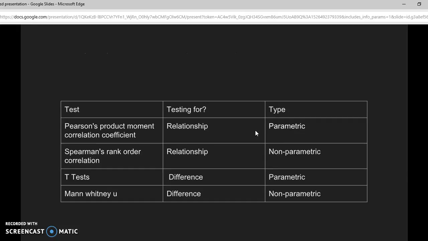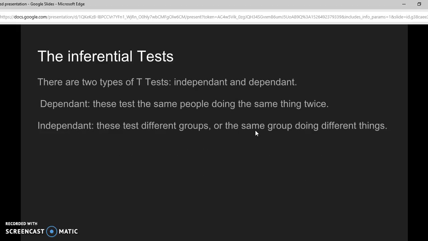So the Pearson's product moment correlation coefficient is testing for a relationship, and therefore the type of the test is parametric, whereas the Spearman's rank order correlation is non-parametric, but it also tests for a relationship within the data. T-tests test for differences within the data, and they are parametric again, whereas the Mann-Whitney-U also tests for differences but is non-parametric.